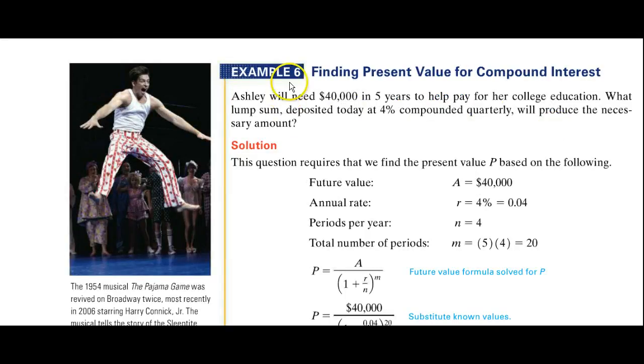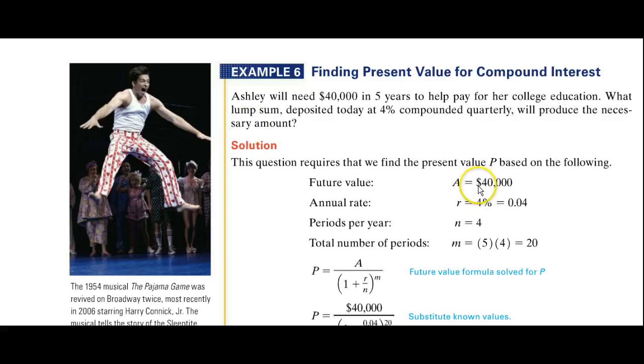So for example 6, we're going to find the present value for compound interest. Ashley will need $40,000 in 5 years to help pay for her college education. She's got her grandfather that's going to help here. What lump sum deposit today, that would be present value, principal, at 4%, compounded quarterly, will produce the necessary amount?